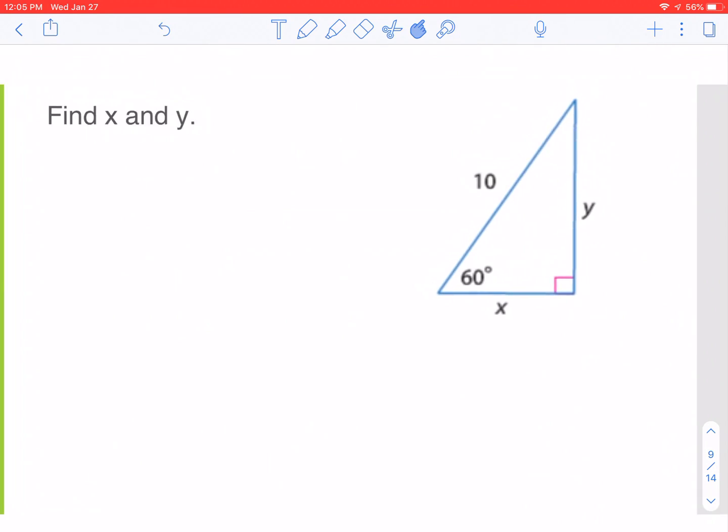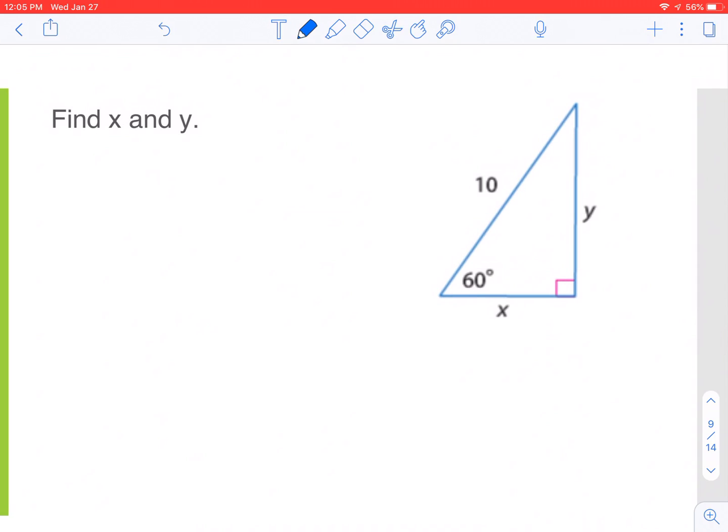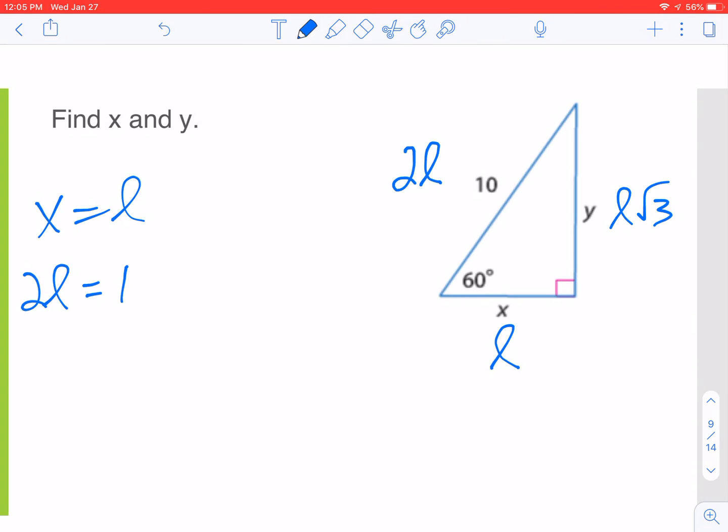Okay, now if we're given the hypotenuse, how do we find it? Well, let's label our sides. Okay, so first it would be really helpful if X equals L. I don't know L yet, so I can do 2L equals 10, right?